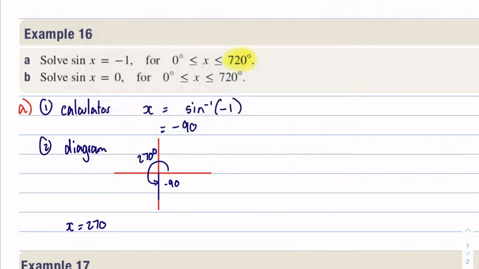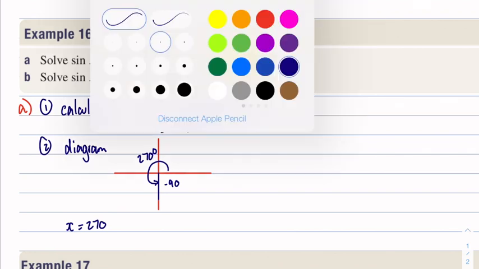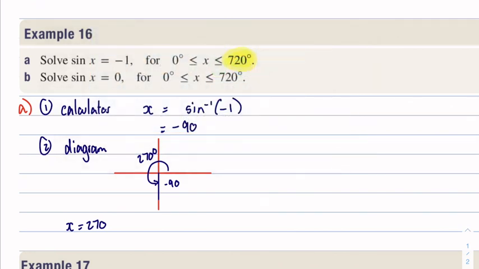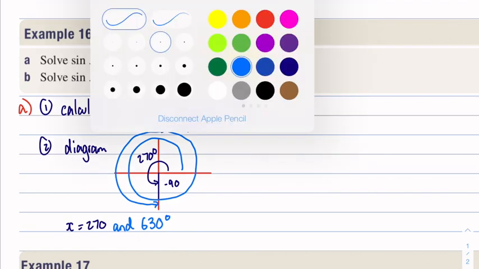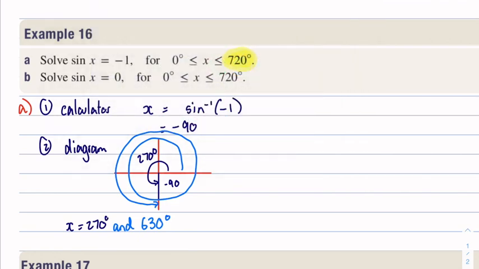So we also need to go around, all the way, and what's 270 plus 360? 630. So x equals 270 degrees and 630 degrees because we had to check, like we didn't just stop at 360, we had to go around again.